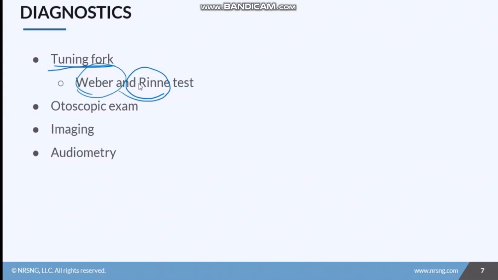With the Weber test, the vibrating tuning fork is placed on the middle of the patient's head, and then you ask the patient to indicate which ear is louder. With normal hearing, it should be equal in both ears.